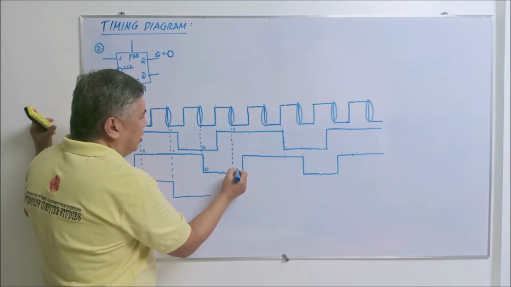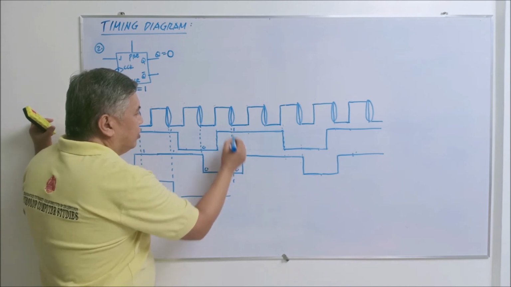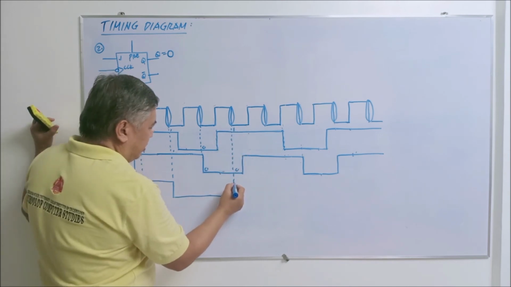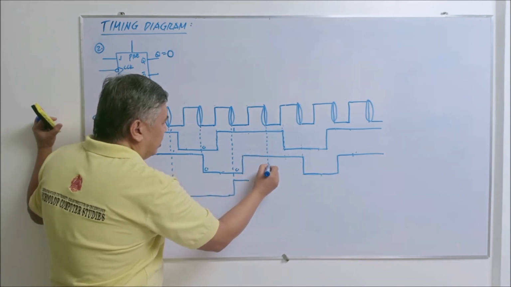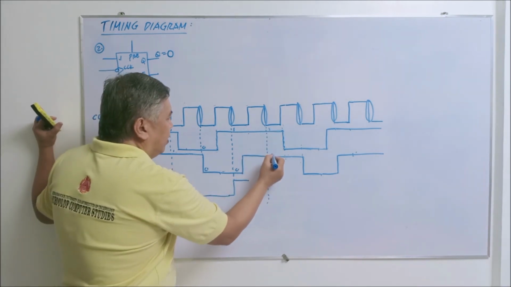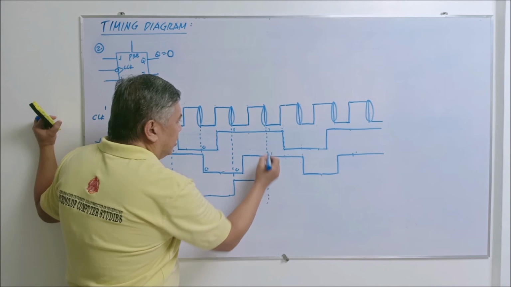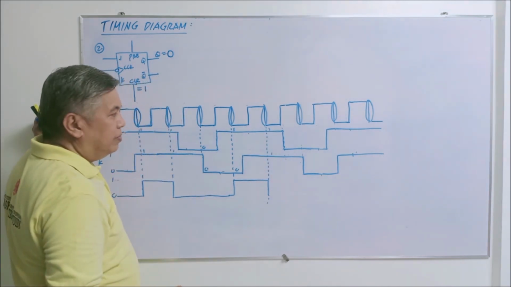J is 1, K is 0, J implies Q. The values are different, so J implies Q. So, your output here becomes 1. Then, you find again the negative triggering of the clock. Okay, 1, 1. That means that toggle. The last state is 1, so it becomes 0.